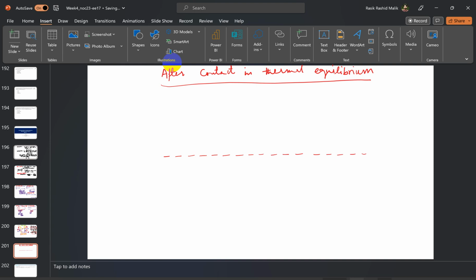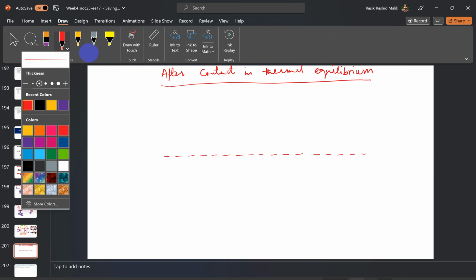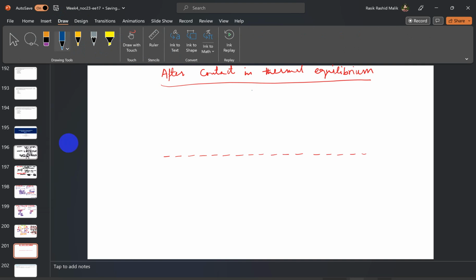So let us say this is the junction line.